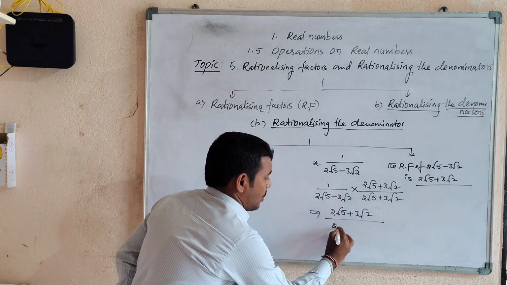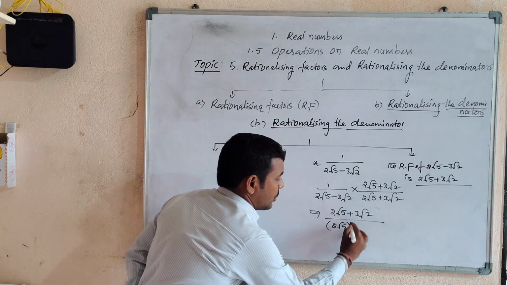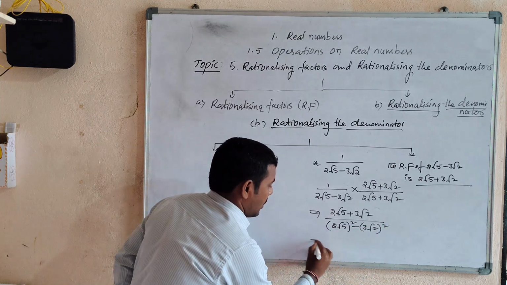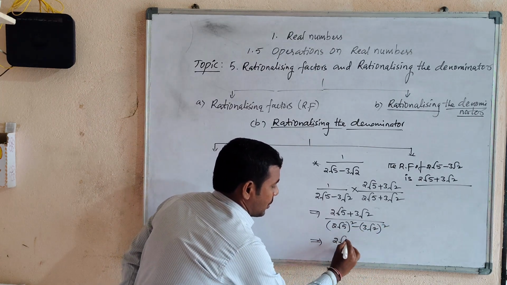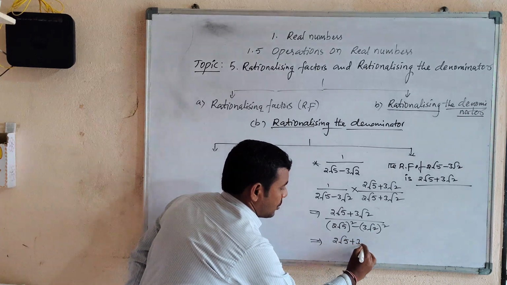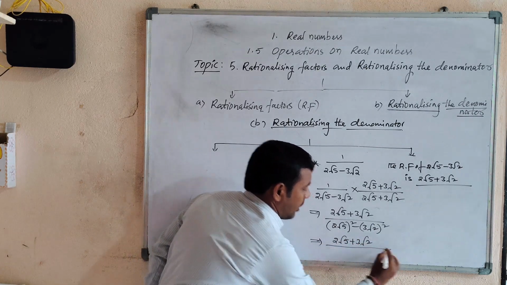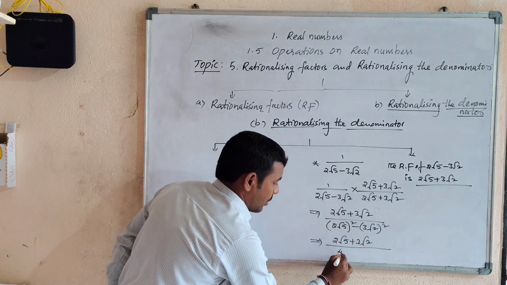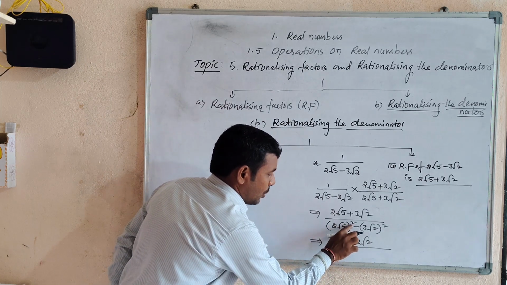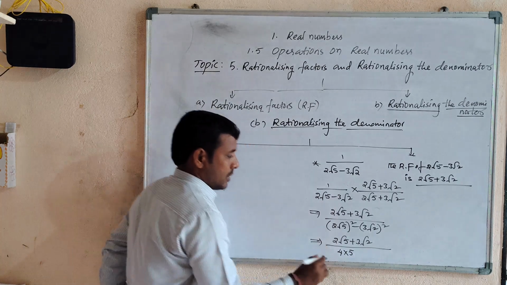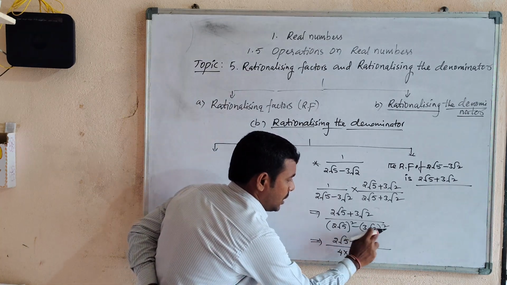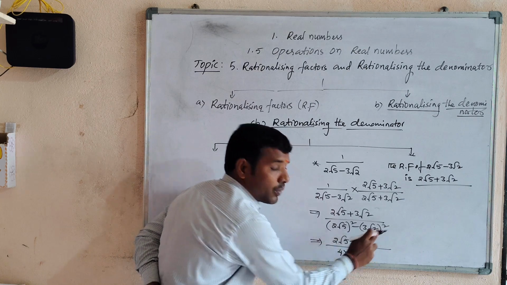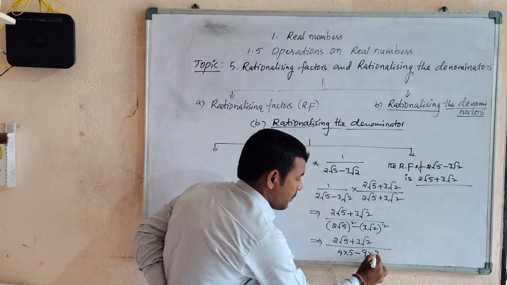So 2 into root 5 whole square minus 3 into root 2 whole square. Next step. 2 into square root of 5 plus 3 into square root of 2 by, see, 2 square, that means 4, root 5 whole square, that is just 5, square root cancels, minus 3 square 9 into root 2 whole square, square root cancels, 2.